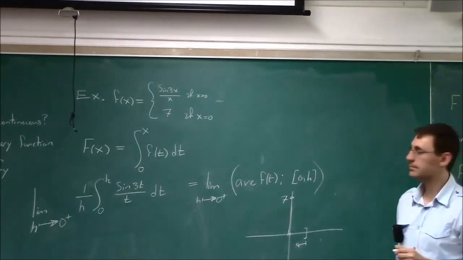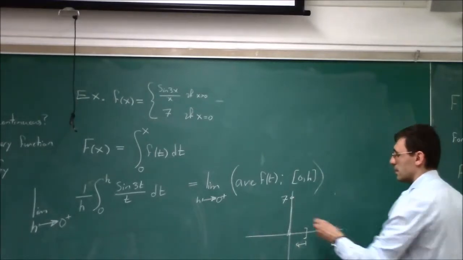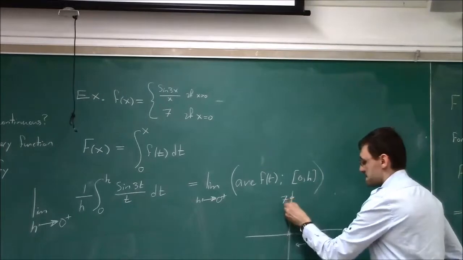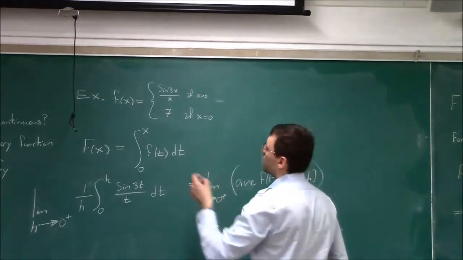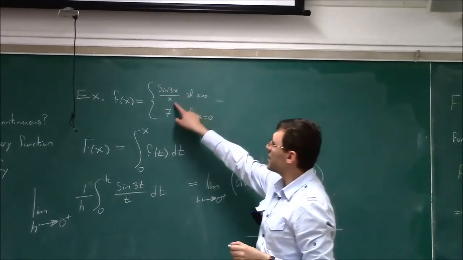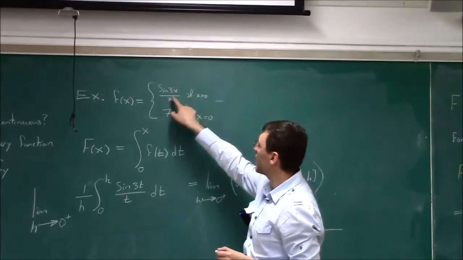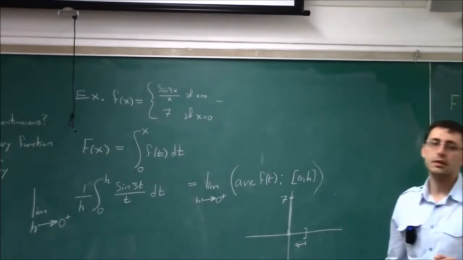Here is your function, sine of 3t over t, and 7 at 0. What is this going to be like? Well, what is sine of 3x over x? So if h is very small, x is really smaller than h, right? So sine of 3x over x is approximately what number? 3.